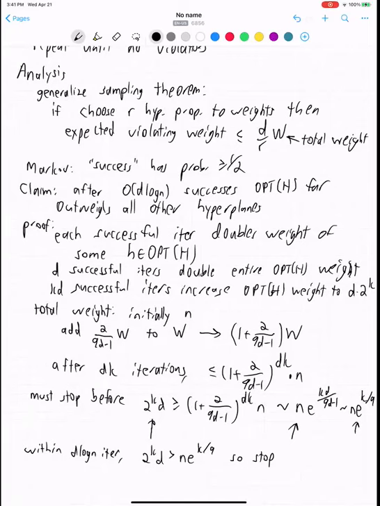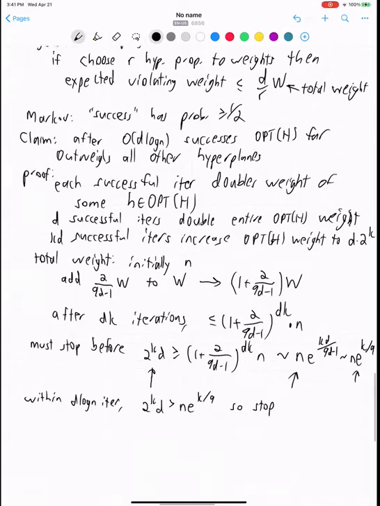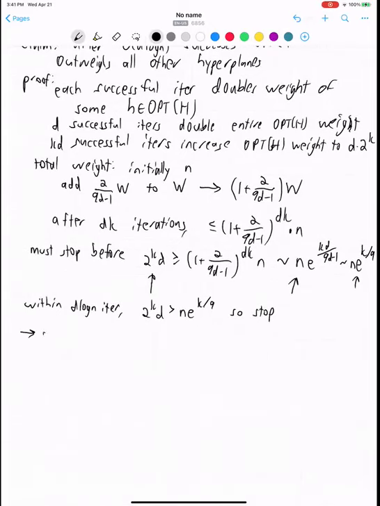And that means that we only have d log n successes, which means that we only have 2d log n iterations.